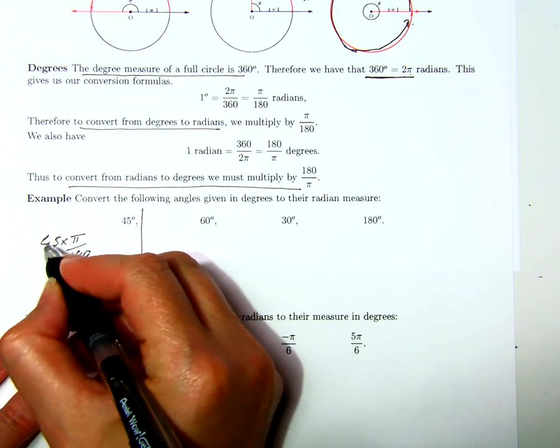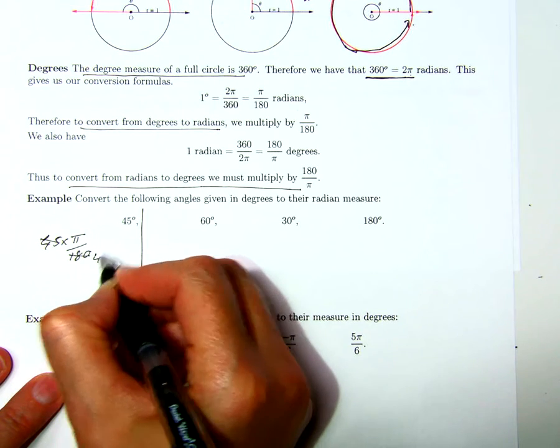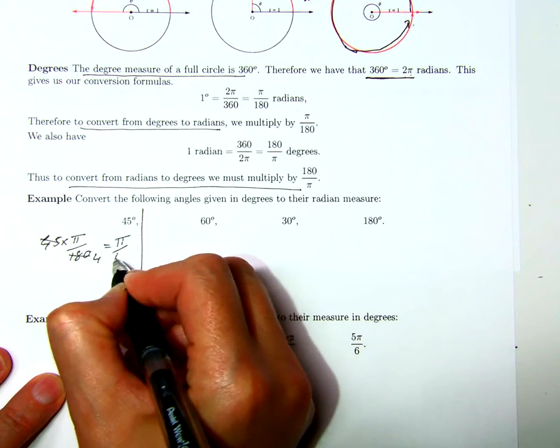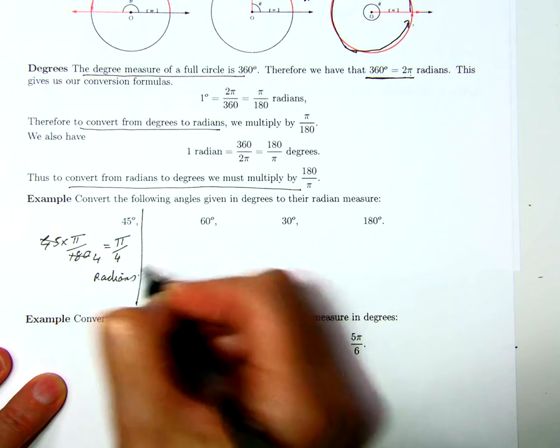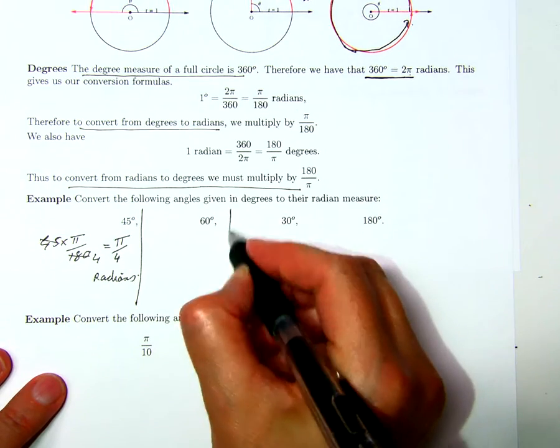And we have 45 into 180 goes 4 times, so this is pi over 4 radians. How about 60 degrees?